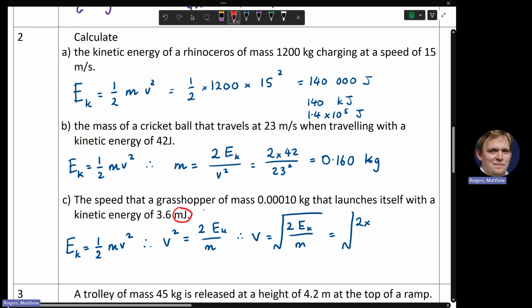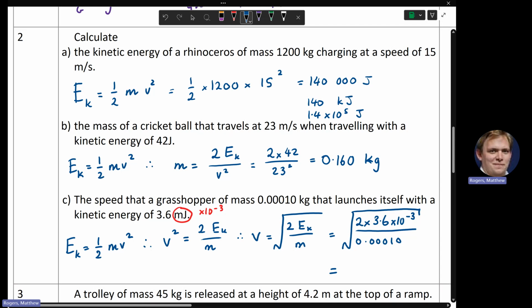The milli prefix means times 10 to the minus 3. So 2 lots of 3.6 times 10 to the minus 3 divided by the mass, which was 0.00010. So that's a tenth of a gram.